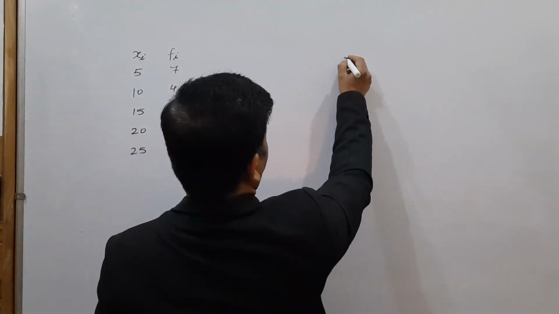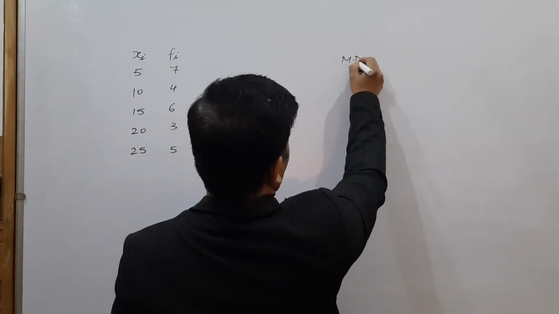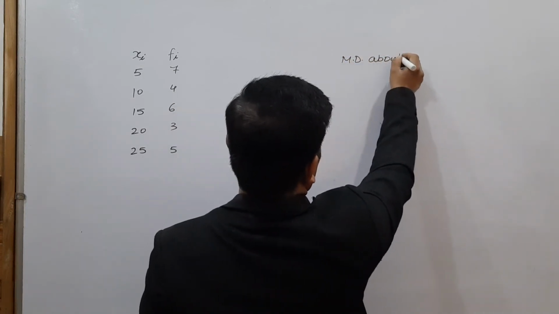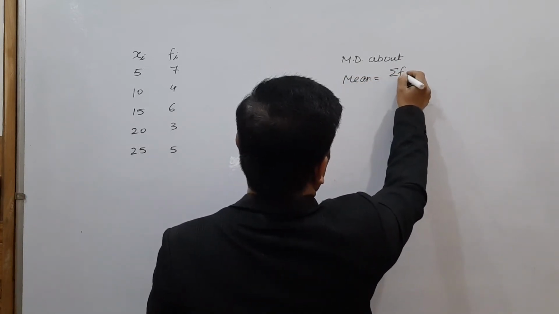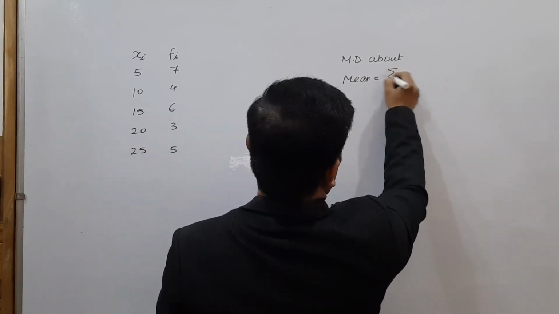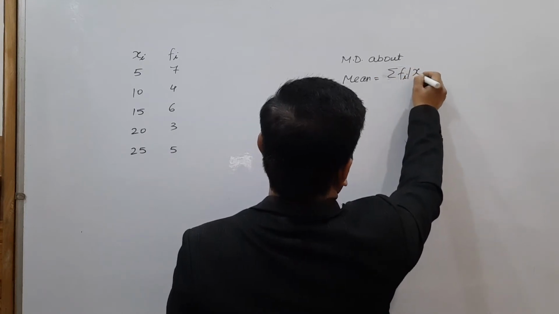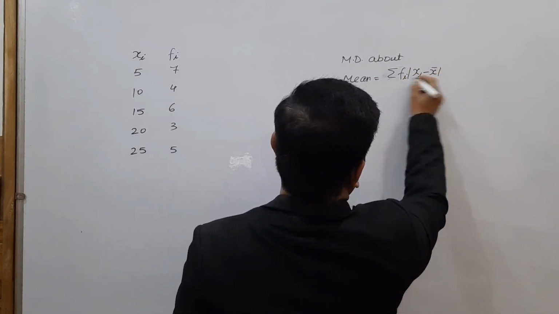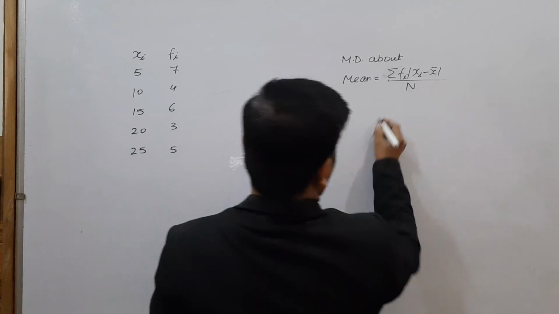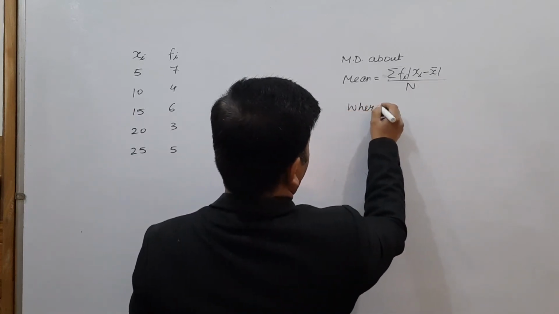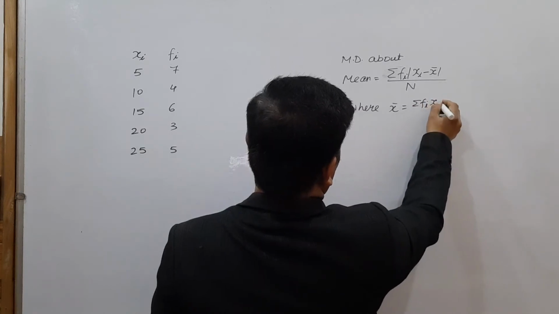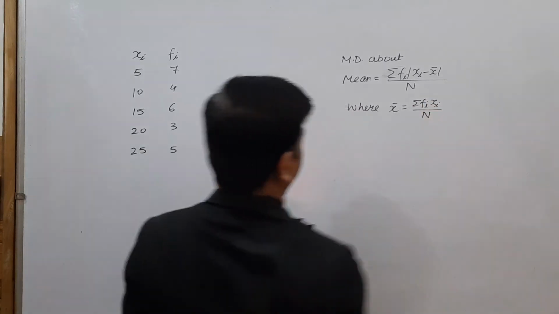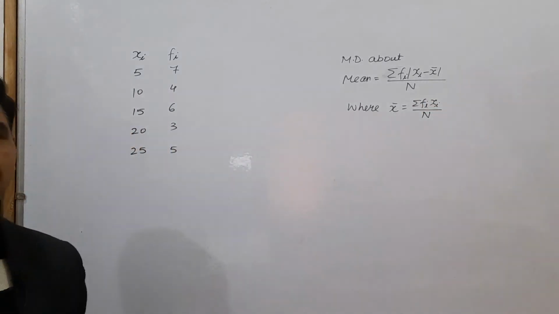Mean deviation about mean is given by summation of fi times modulus of xi minus mean, divided by number of observations, where x bar is given by summation of fi xi upon capital N. Capital N denotes the summation of fi.